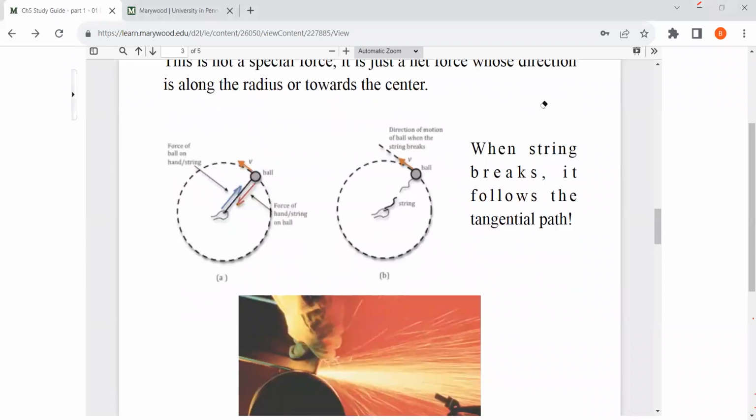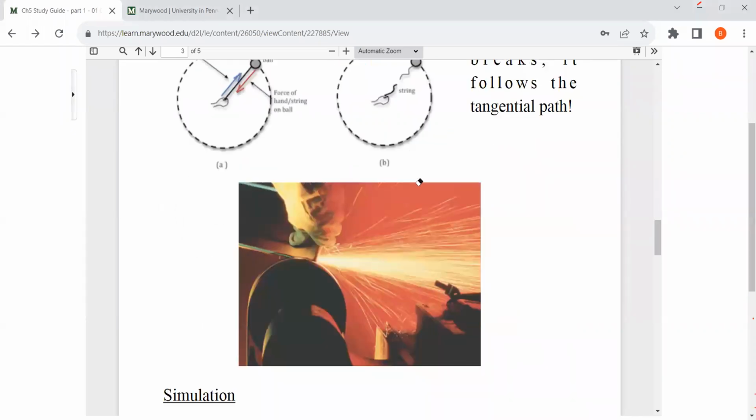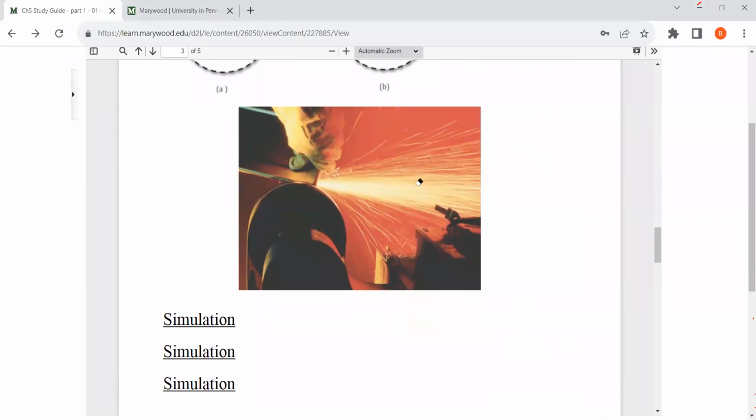Here you see that the string breaks, and then you see the direction of the motion of the ball when the string breaks, so it will follow this direction. Let's see a simulation.